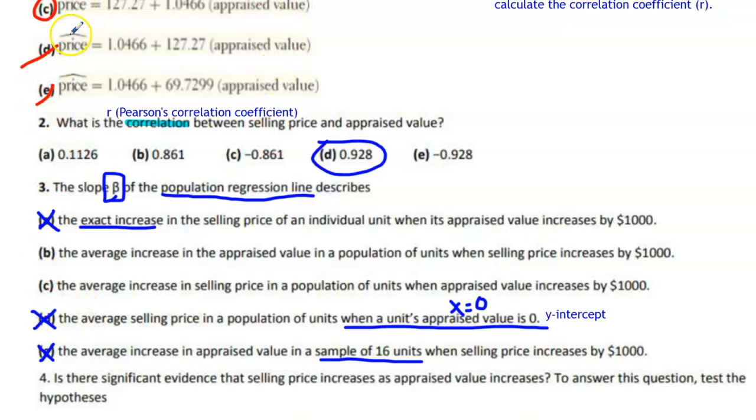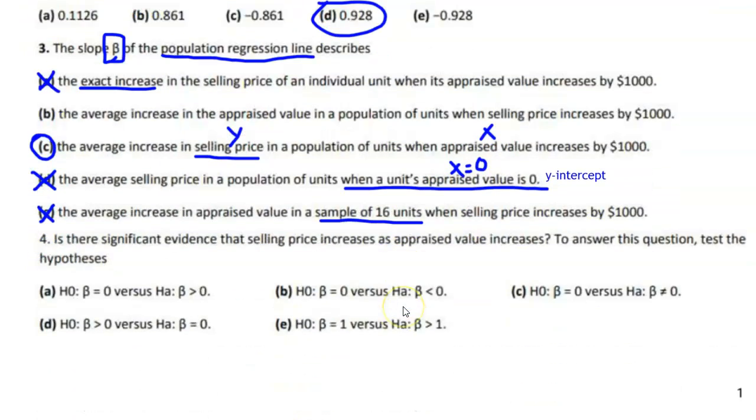So we're looking for price being first, like this. The average change in Y when X changes. That's correct. Remember, we're looking for the average change in the response variable when the explanatory variable changes. That's what slope is, the change in a Y response variable when the explanatory variable changes. All right, that was question 3.